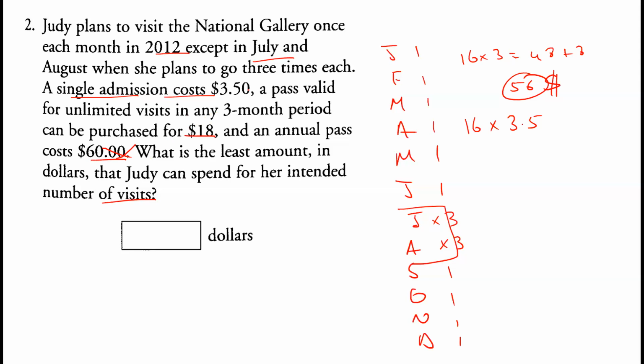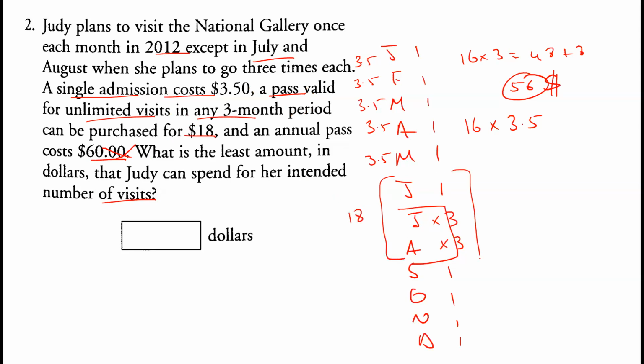Now, let's suppose we buy a pass valid for unlimited visits in a 3-month period. What combination lets us pay the lowest amount? Suppose we pay each time we go, and over here we buy a pass for $18.